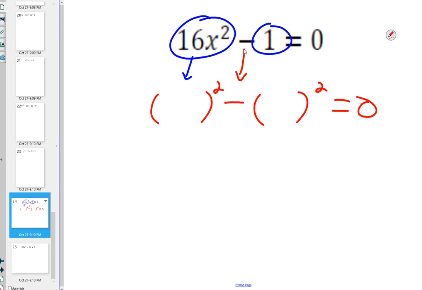Not just 4, 4x. What times itself gives you 1? 1 times 1 is 1. And then the $1 million question, where I did not print it for you, but I wrote it for you, told you to write it, told you I was going to keep on asking you over and over again. What does a difference of squares look like in factored form?